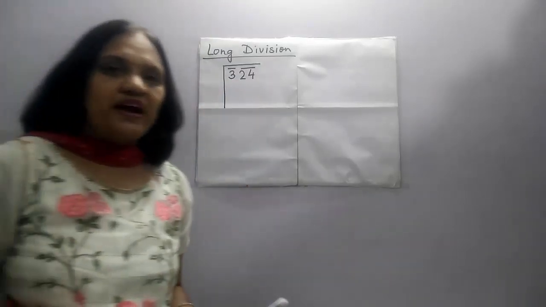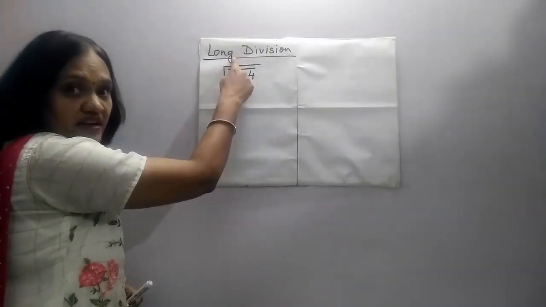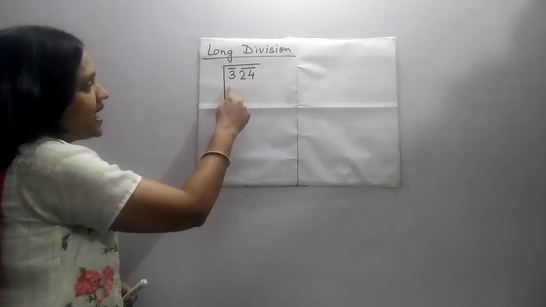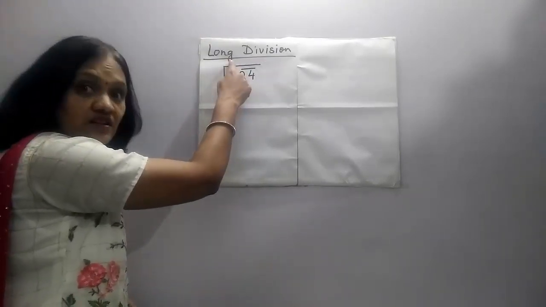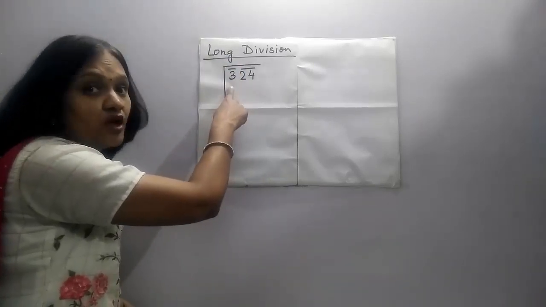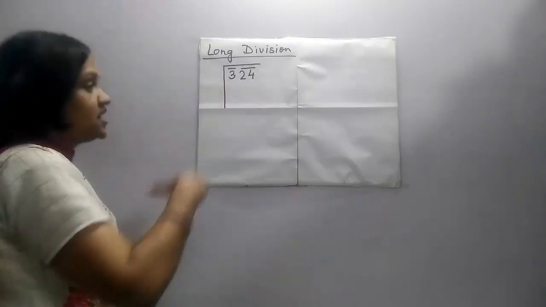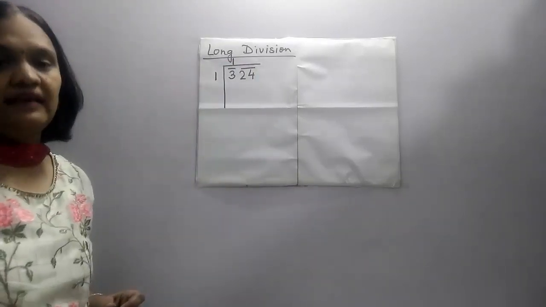So 1 square is 1. If I write 1 here, I will write 1 here also. 2 square is 4. Can I write 4 under the 3? No, division does not allow that. So I will write a 1 here as well as a 1 here.